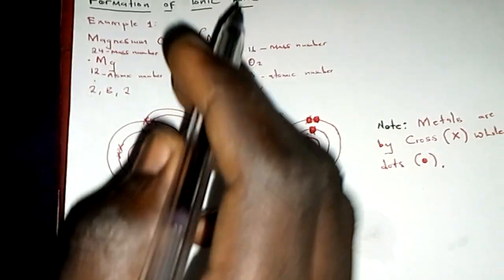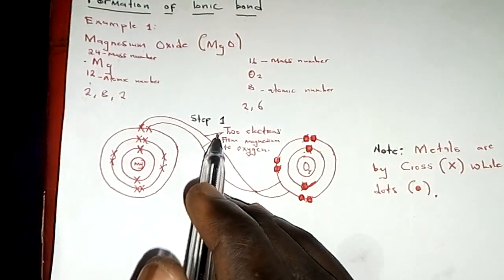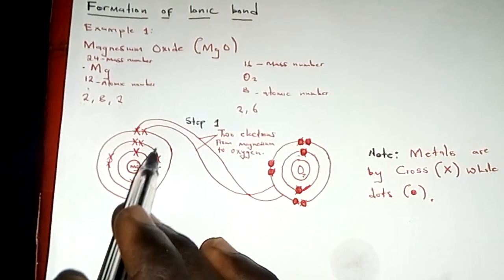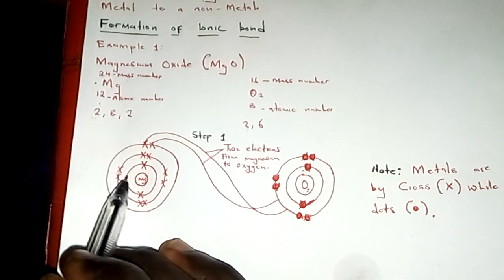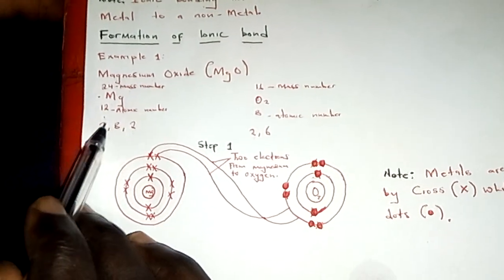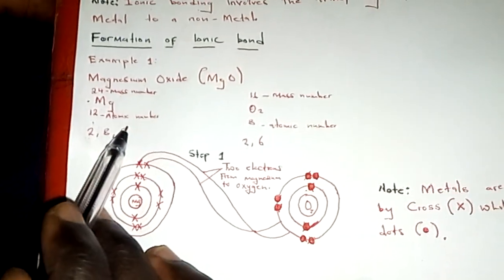So the first step in writing the ionic bonding, first of all, let's draw the shells of the atom of magnesium. Magnesium has 3 shells, the first, the second, and the third.